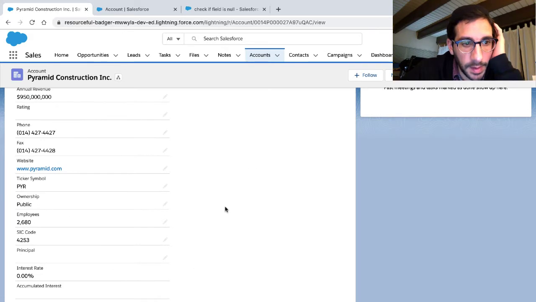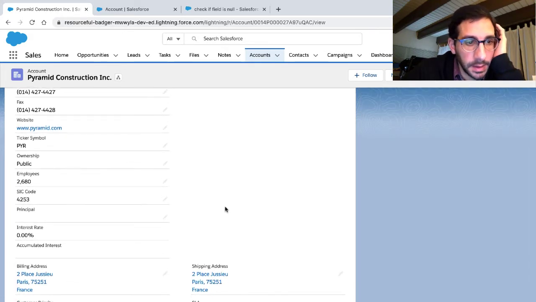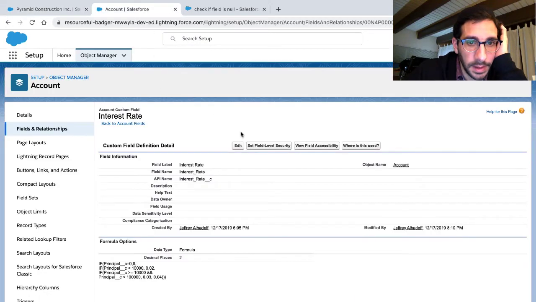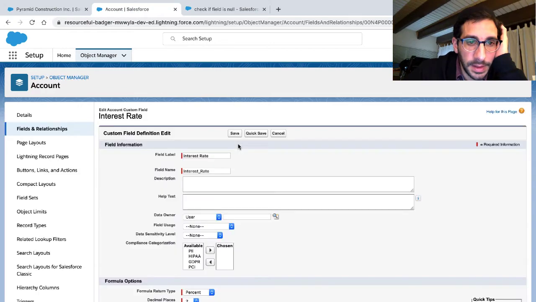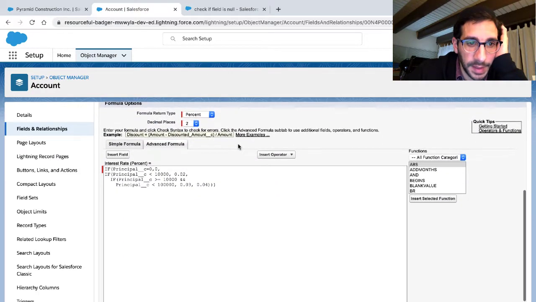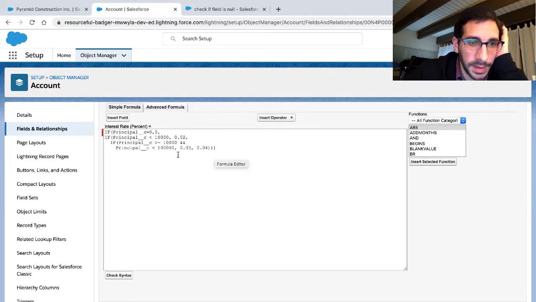Okay, so the problem I was getting was that if the principal is empty, I was seeing an interest rate showing up here, which doesn't make any sense because there shouldn't be an interest rate of 2% on no principal. It just looks weird. So here's how I modified the formula after much back and forth, and I'm not happy with this. I feel like I did this sort of dumb.